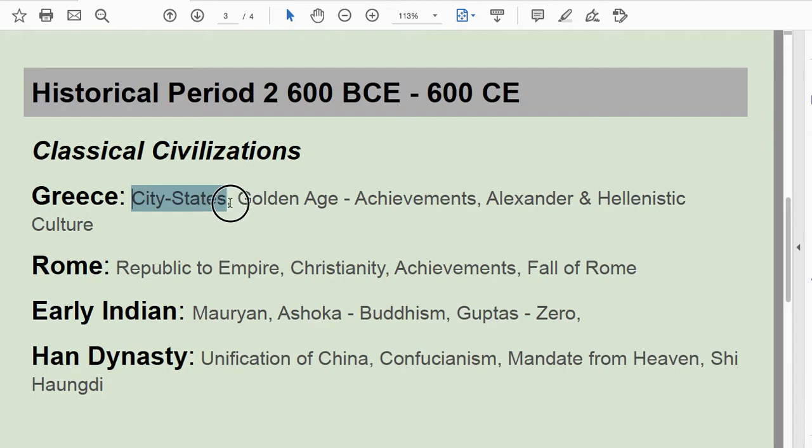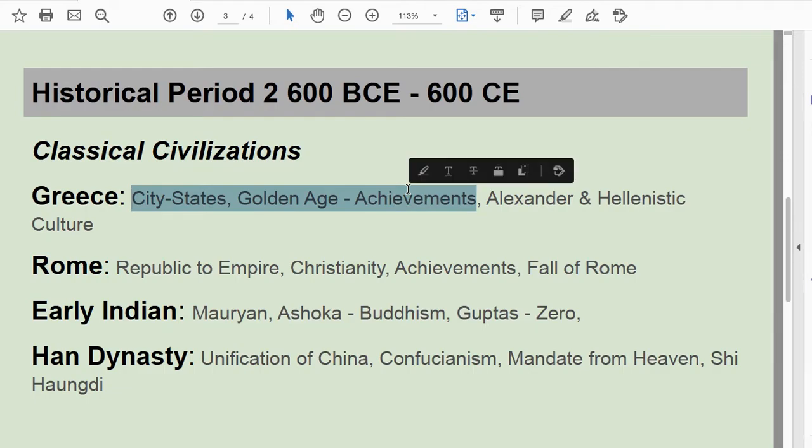With the Greeks, for example, there were city-states, the Golden Age achievements of ancient Athens, the glory days. If you talk to a historian, they might say, if I could ever travel in time, they might very well pick the 5th century BCE and go to ancient Athens, where people like Socrates, Aristotle, and Plato, the ancient philosophers, first existed.